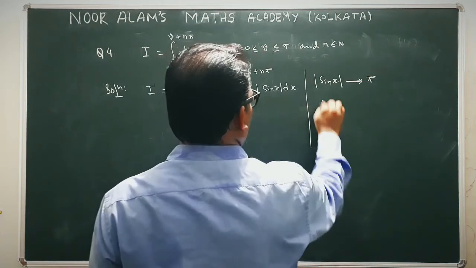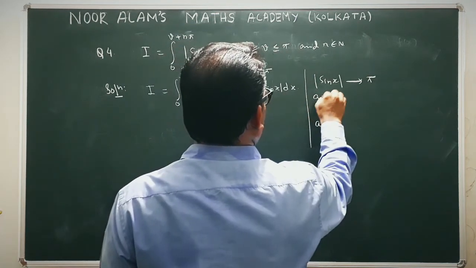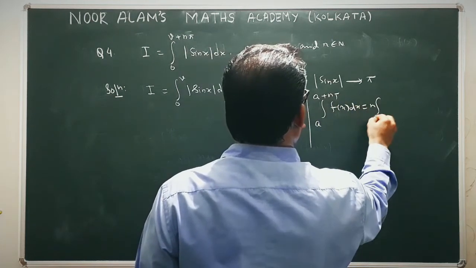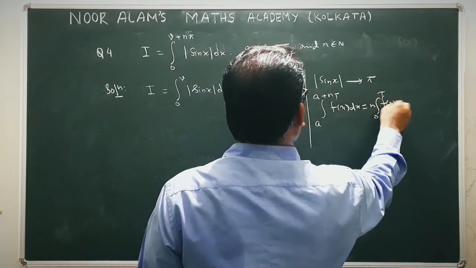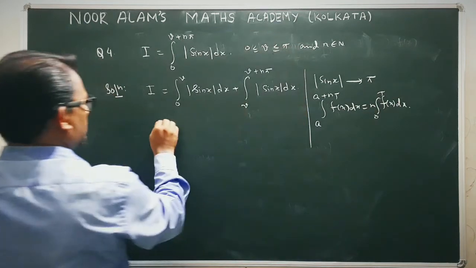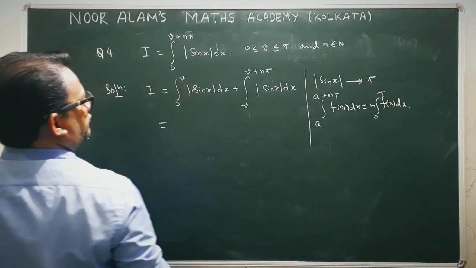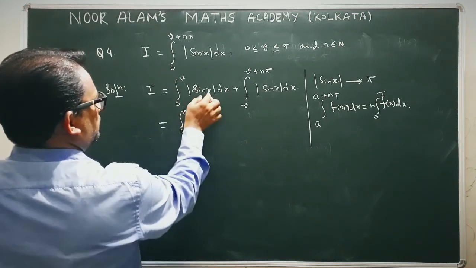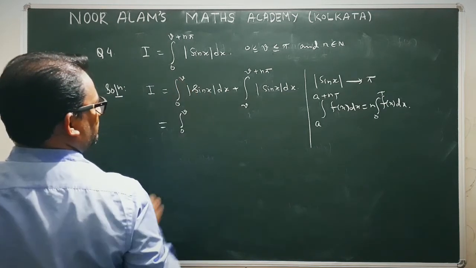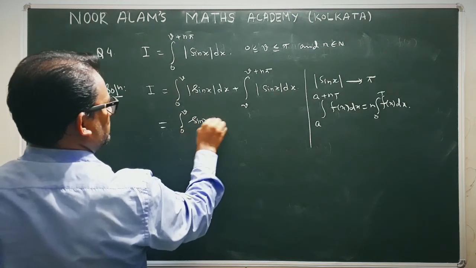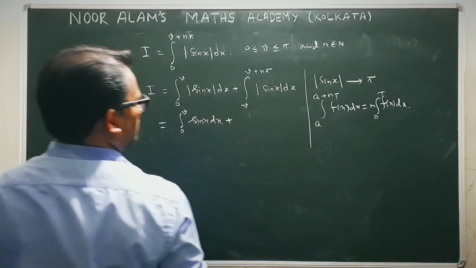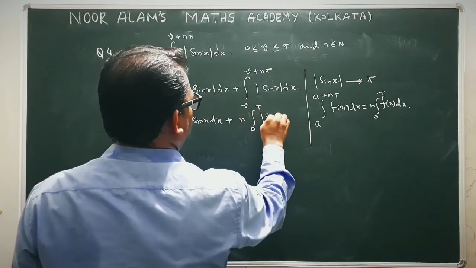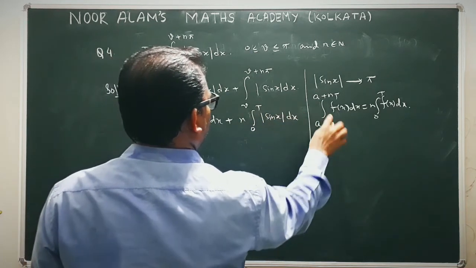Now we know that mod of sin x has the period pi, and here we can use one property, that the integral from a to a plus nT of f(x) dx we can write as n times the integral from 0 to T of f(x) dx. Now the integral from 0 to v, with v lying between 0 and pi, sin x is positive in this interval, so we can write sin x dx. Here we can write n into the integral from 0 to pi of mod of sin x dx using this result.